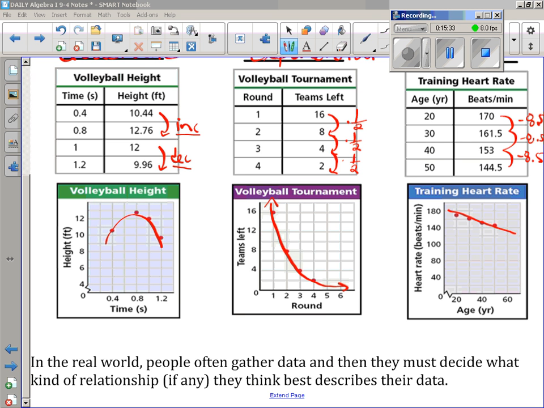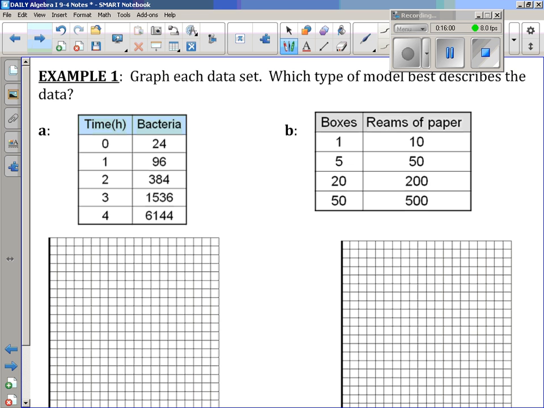And they want to have some kind of way to generalize or model what it is that they're seeing. So by looking at how the numbers behave and how they are related to one another, they can determine what type of function is best going to model that data. So let's look at the table and the graph and determine what type of model we have.